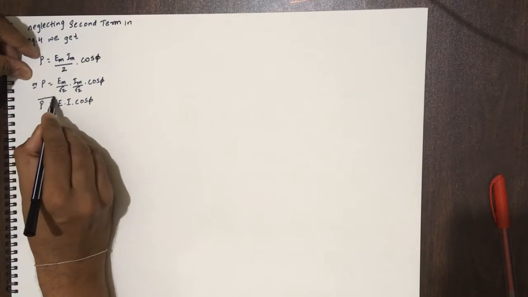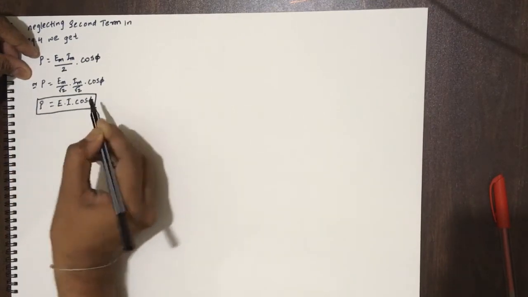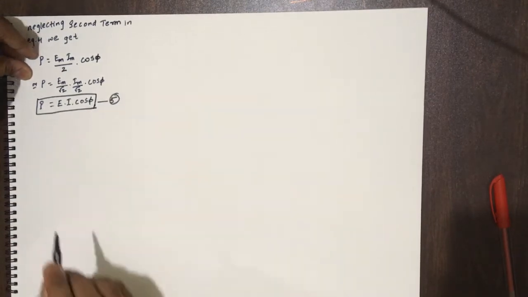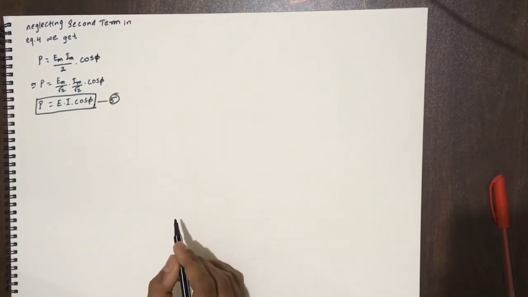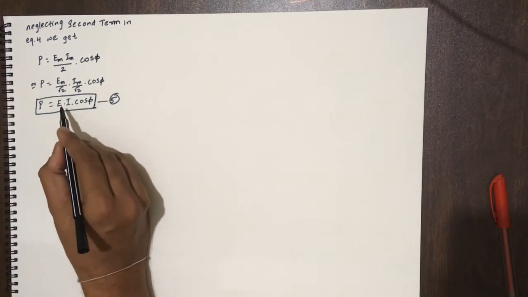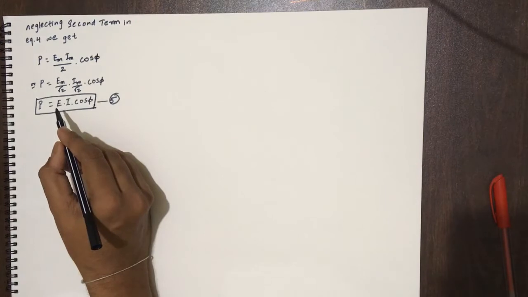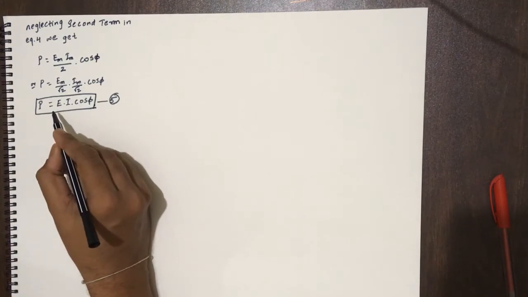Therefore, power consumed by the RL circuit is given by equation 5, which is P is equal to EI cos phi. Now this is the power consumed by the RL circuit. If the RL circuit had R equal to 0, it would have become a pure L circuit, and the power consumed would have become 0.